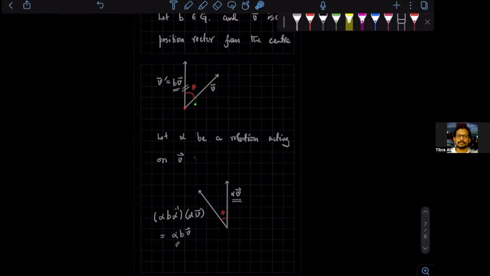But for definiteness, I'm taking B to be a rotation by theta. Now suppose that I rotated by some other angle, denoted by this group element alpha. Now my question is, what group element will now act on this to give me a vector rotated by theta?